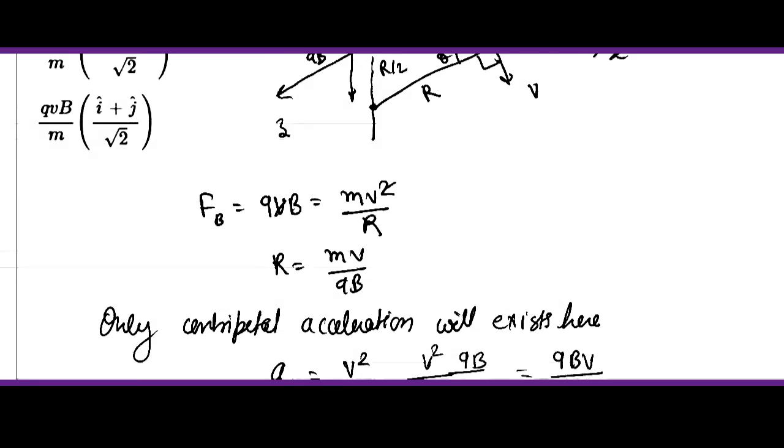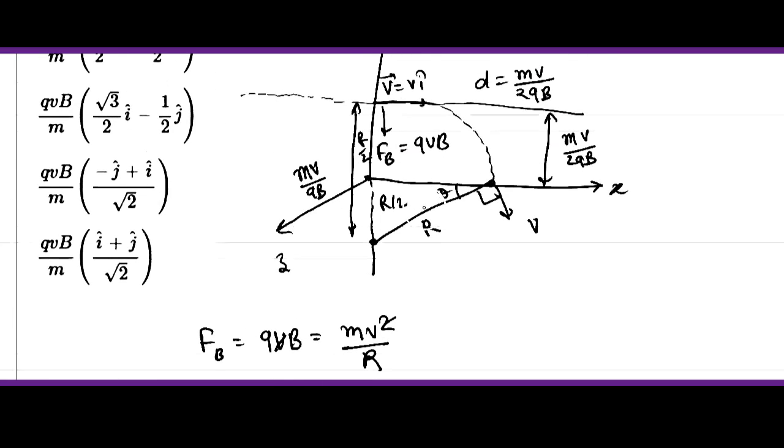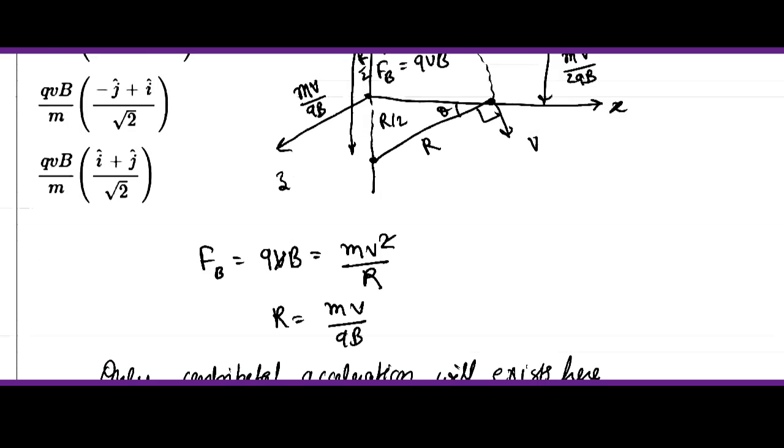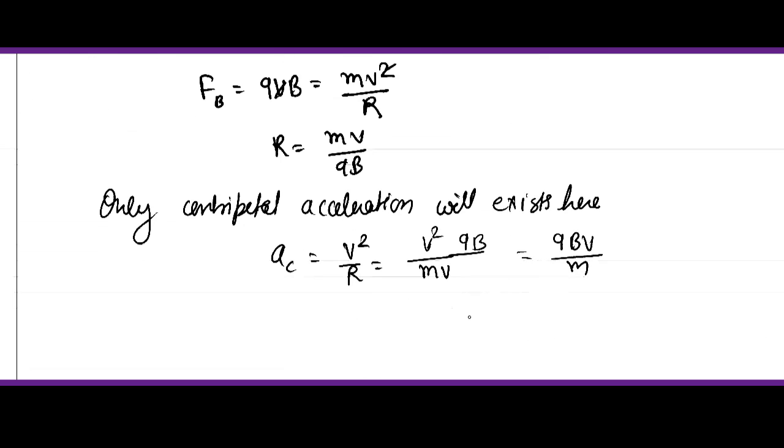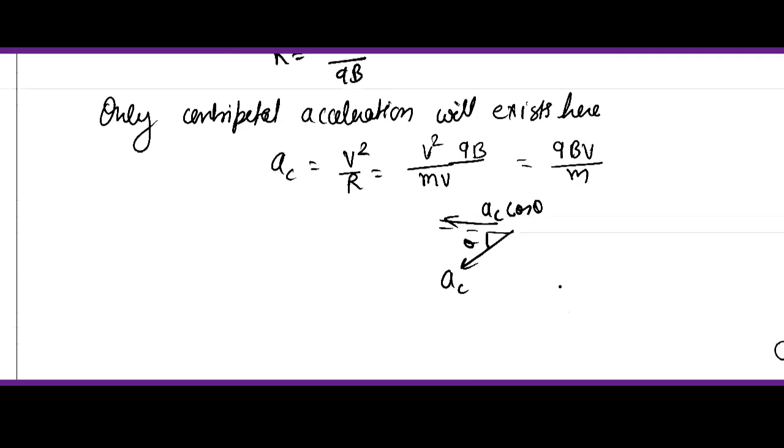So now if you see the diagram, it will be acting toward the center like this, and this angle is theta. Now you could break this into components. Let's suppose I say AC. So AC is acting at an angle theta, so this component will be AC cos theta, and this will be AC sine theta.